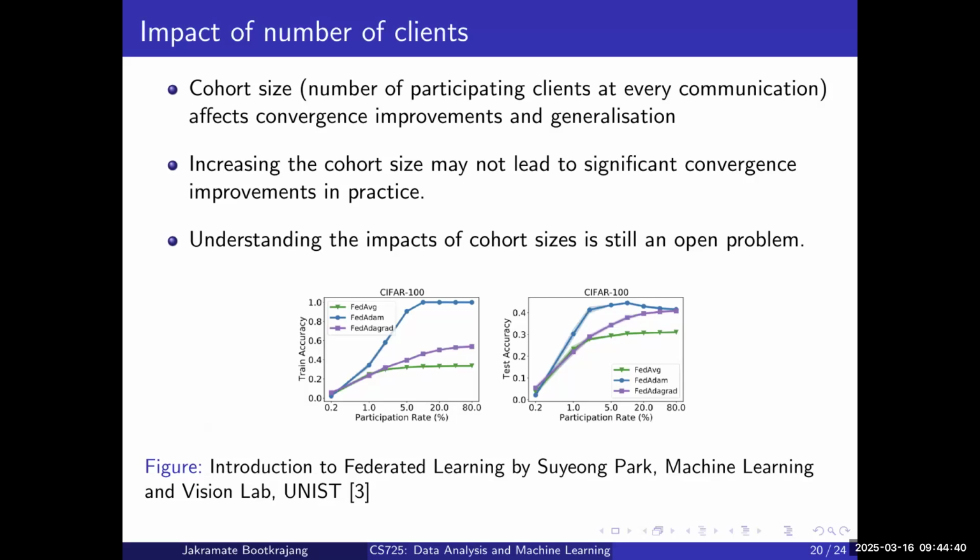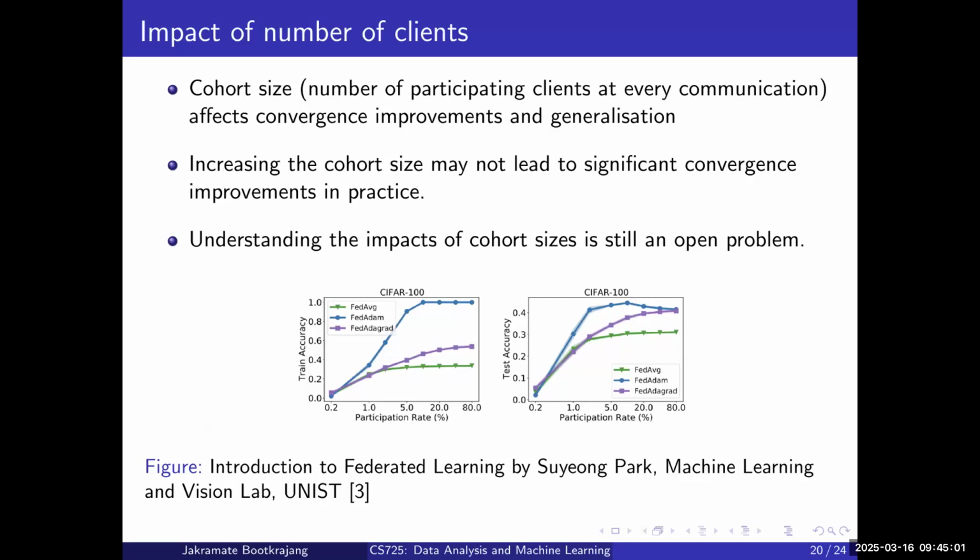So how many clients is good, right? How many clients is good? Like is it a lot of clients that is good or a small number of clients? So we have what we call a cohort size. The cohort size is basically the number of participating clients at every communication.